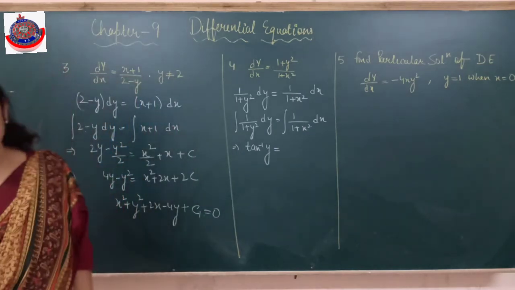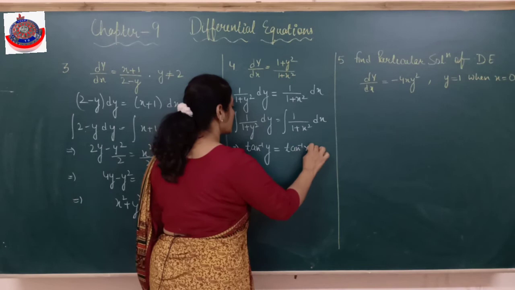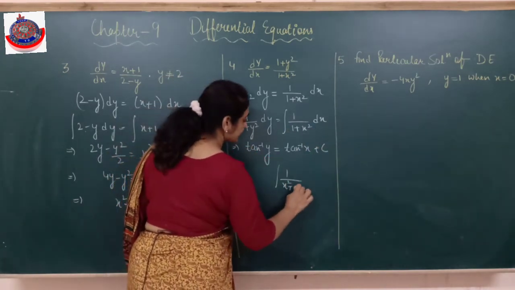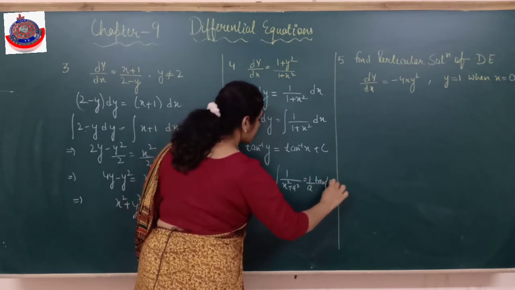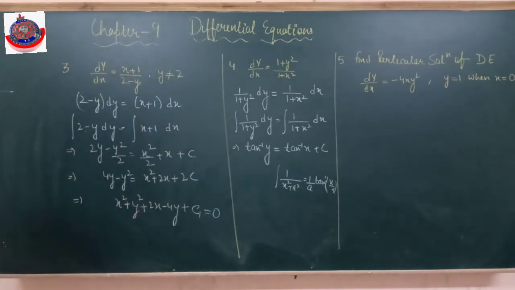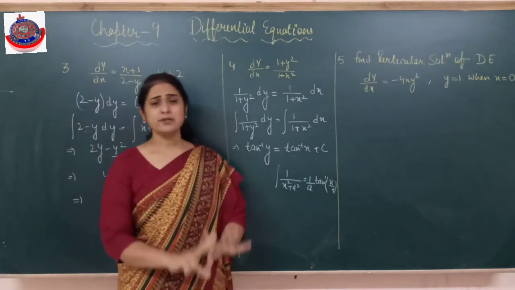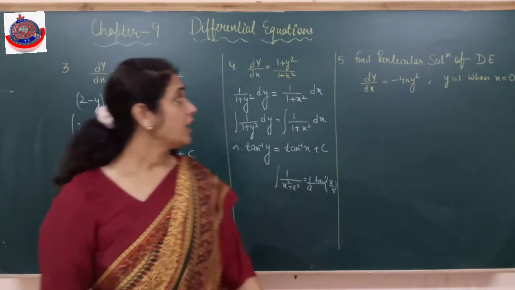Integration of 1 upon 1 plus x square, that is tan inverse x. Which form is it? This is the 1 upon x square plus a square form, 1 by a tan inverse x by a. So that is the required solution of the given differential equation. Alright children, very simple. You just have to segregate the variables and integrate. That's it.